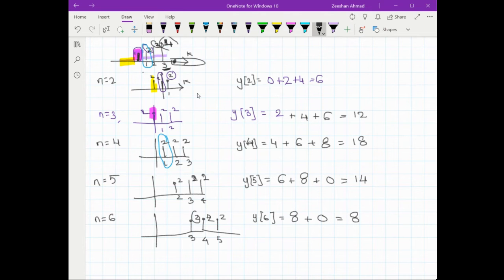Okay, now if you see here, my first sample here is at 3, my last sample here is at 3, so next time when I shift it further, it will be going out here. There will be no multiplication possible here. For example, at n equal to 7, the samples will start from 4, 5, and 6 here.